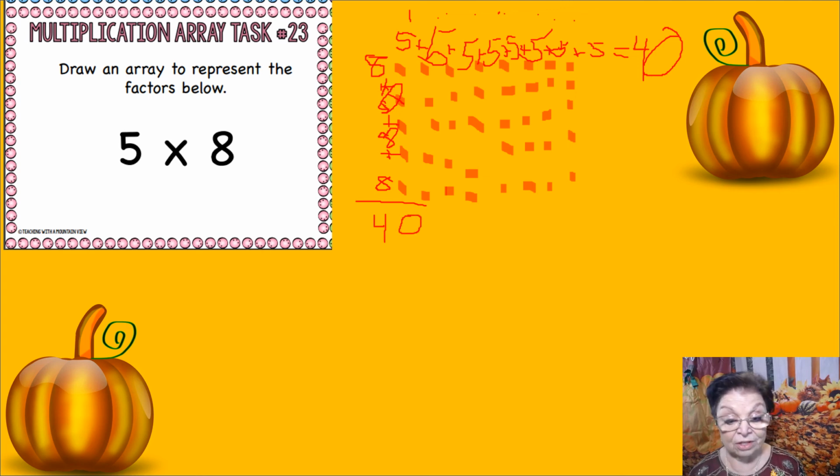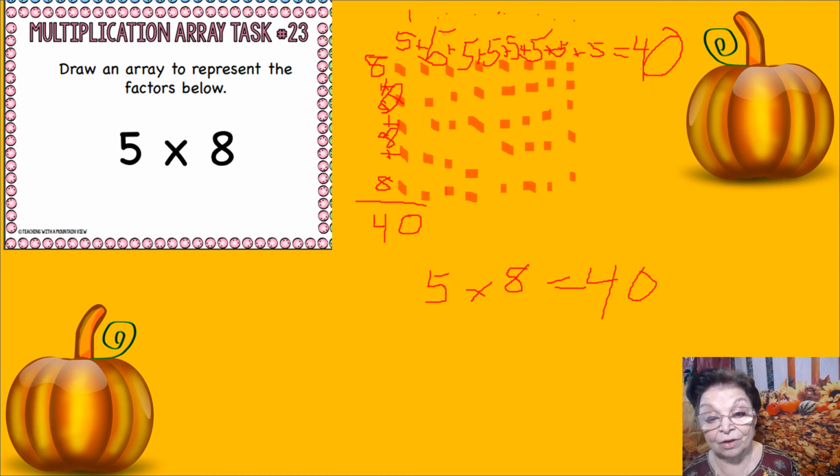Or you can just figure out 5 times 8, and that equals 40. So you can count all 40 of them, you can add up the rows, or you can add up the columns. This is called an array.